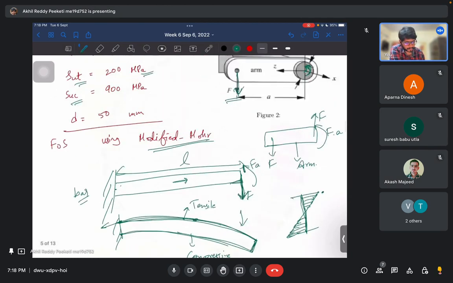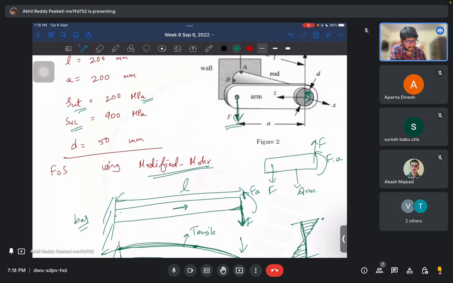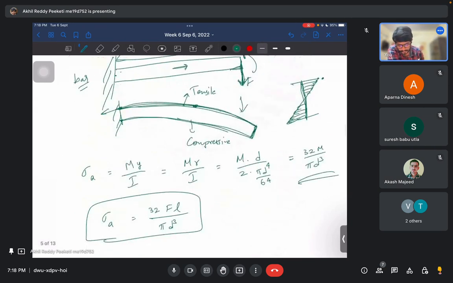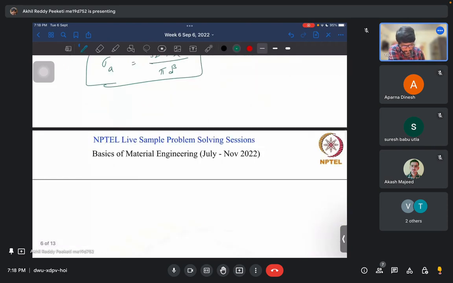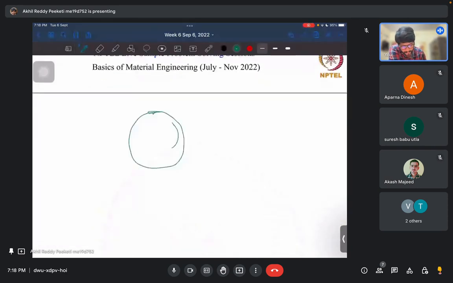Now because of the rotational torque created by this force F, there will be a shear stress generated. If you look at the circle, there will be a shear stress tau. That would come from, if the torque is T, tau equals T R by J, with J being pi d power 4 by 32.